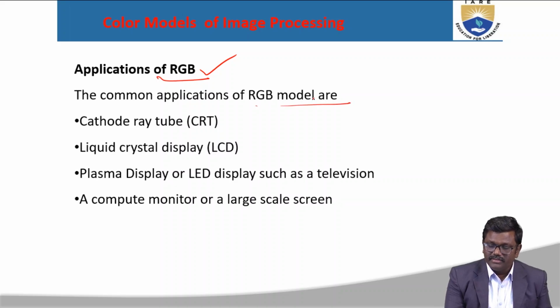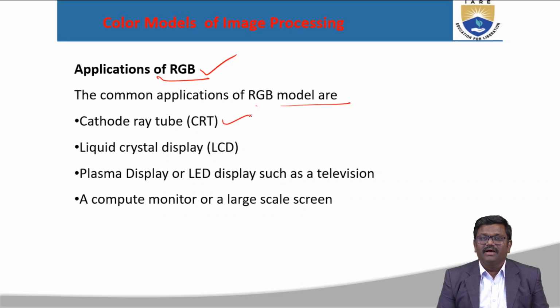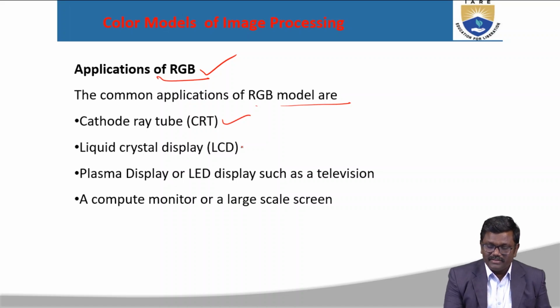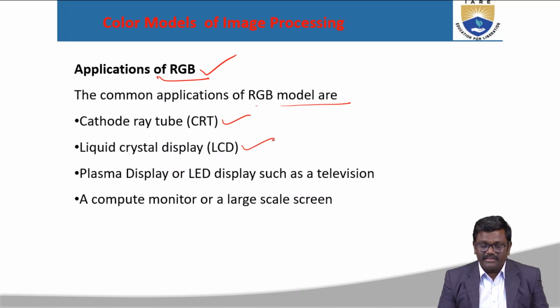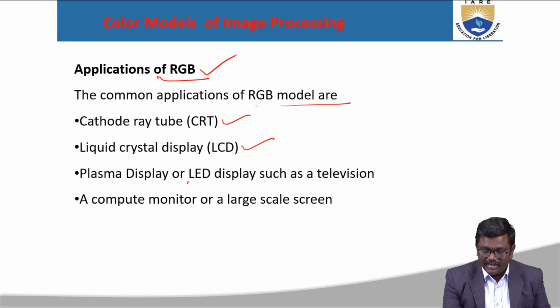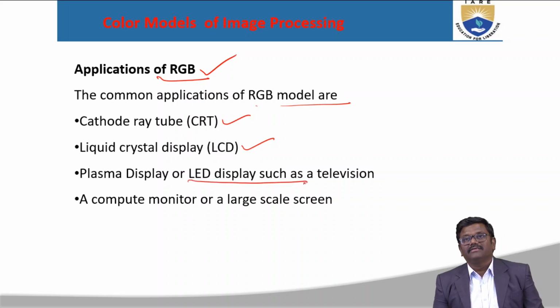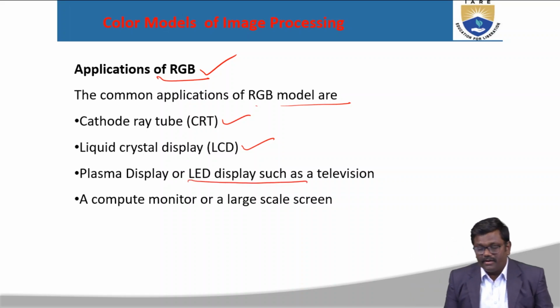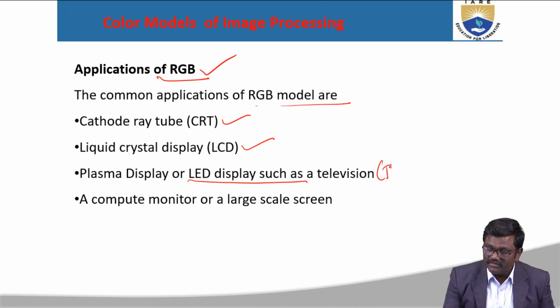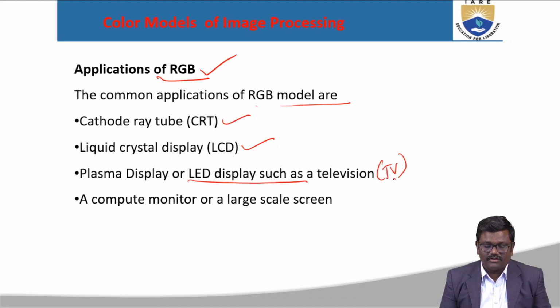Number one, the RGB model is used in the cathode ray tube, CRT, and second, the liquid crystal display, LCD. Next is the plasma display or LED display, such as television, that is TV image processing.